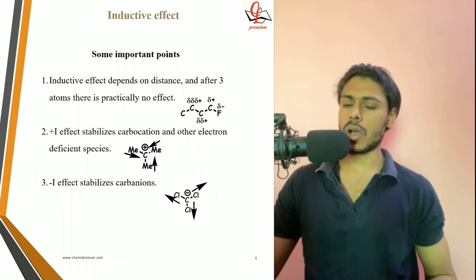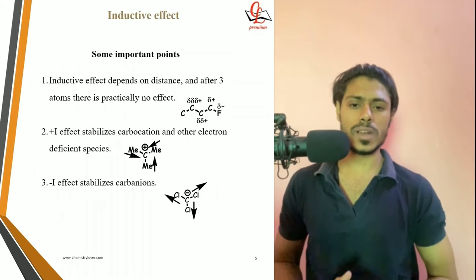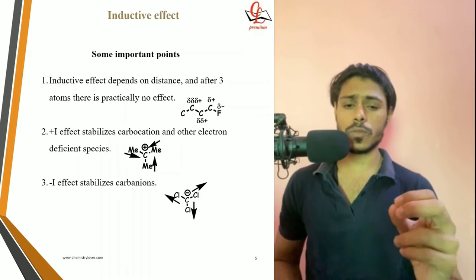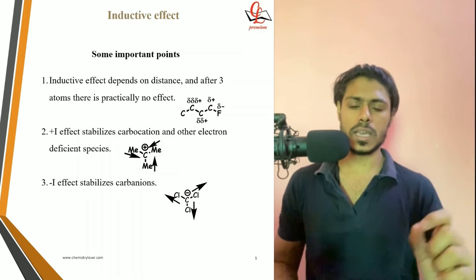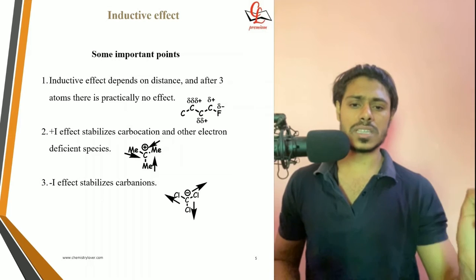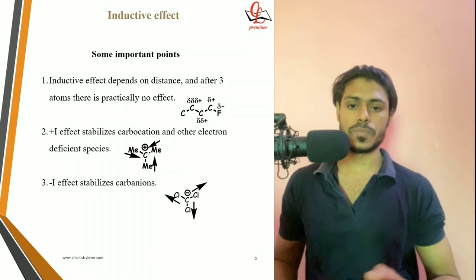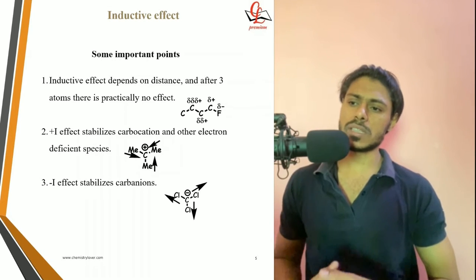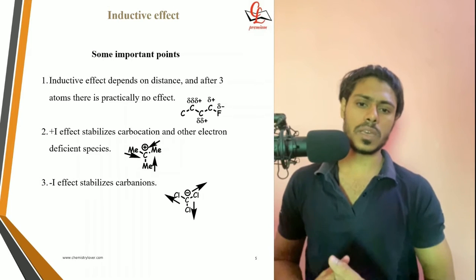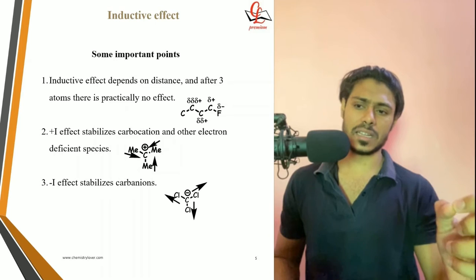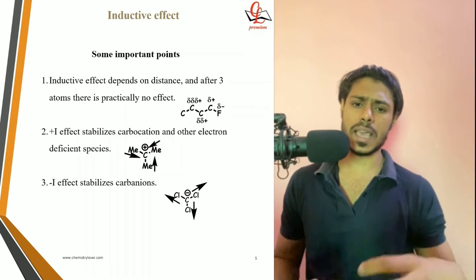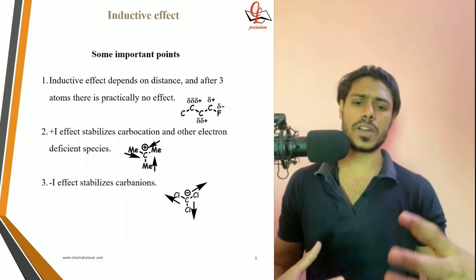Now we have to remember a few important points about inductive effect. First of all, as we have seen, it operates through the sigma bond, and because it operates through the sigma bond, it depends on distance. In the example you can see fluorine is pulling electrons from the carbon skeleton, and the carbon atom to which the fluorine is attached acquires the most partial positive charge.